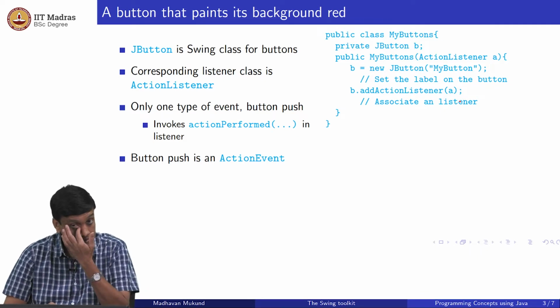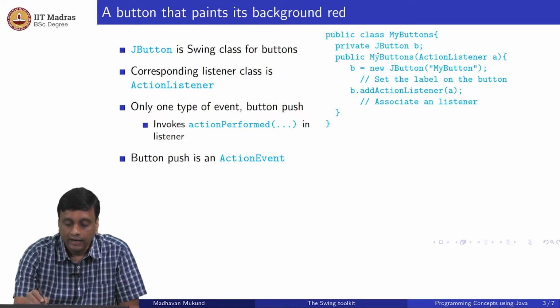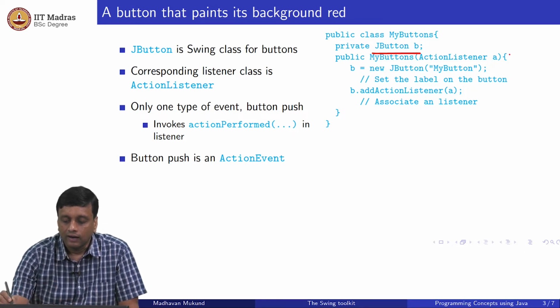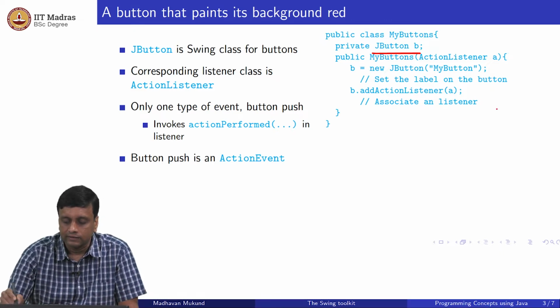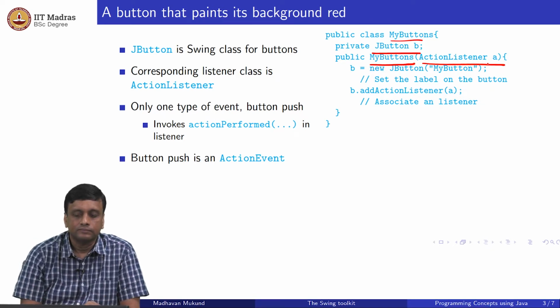Right? So here is a kind of simple way to do this. So you first set up a button, right? So you say that I have a JButton, which I will call B, and I will now create an action listener. Sorry, this is a constructor which says that when I create a JButton in this class, I will pass to it an action listener, right?